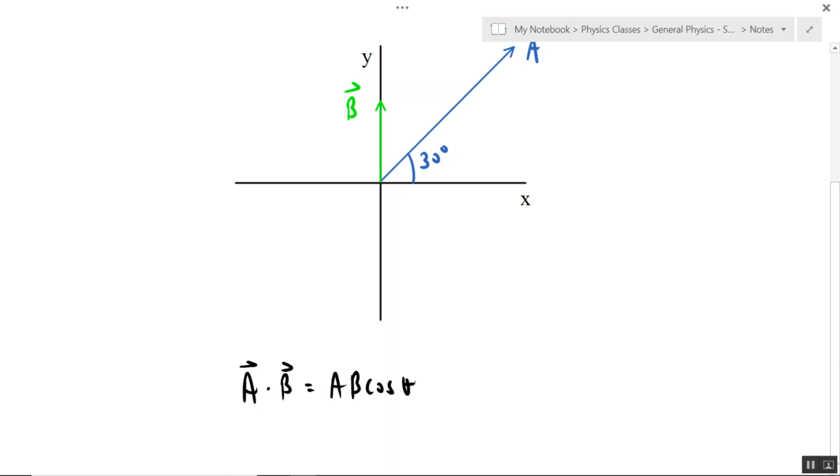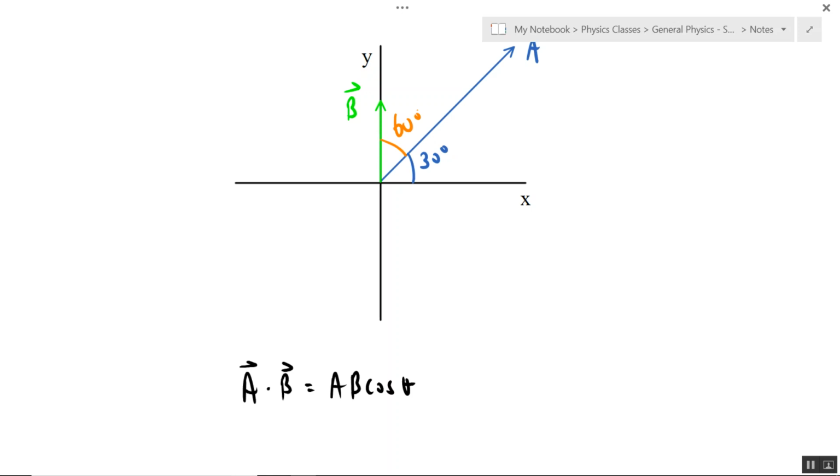We know the magnitudes of A and B are 10 and 5. But what is theta? So what should this theta be? 60. Yeah, it's the angle between A and B, less than 180. So the angle between A and B is 60, because those two angles add up to 90. They're complementary. So you don't use 30, or 90.